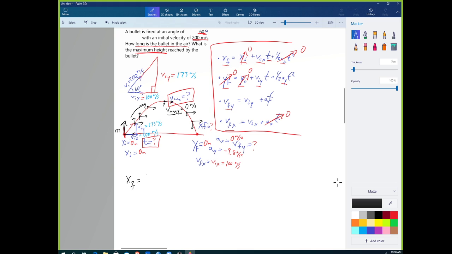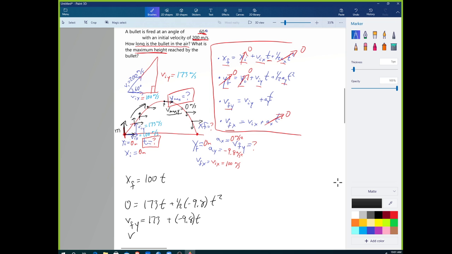Alright, vix was that 100, t I didn't know, and then I had 0 equals 173 times t plus 1/2 times negative 9.8 t squared. I had my final velocity in the y equaled 173 plus a negative 9.8 t.